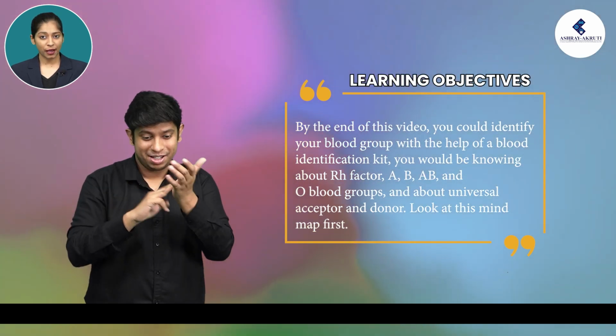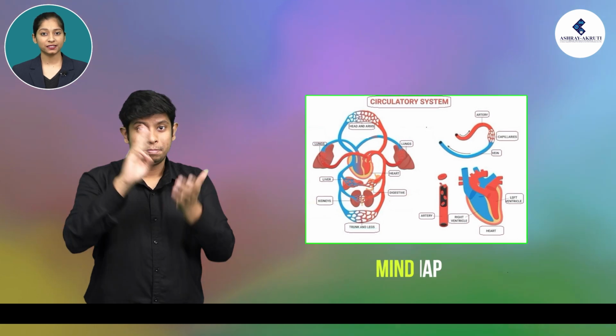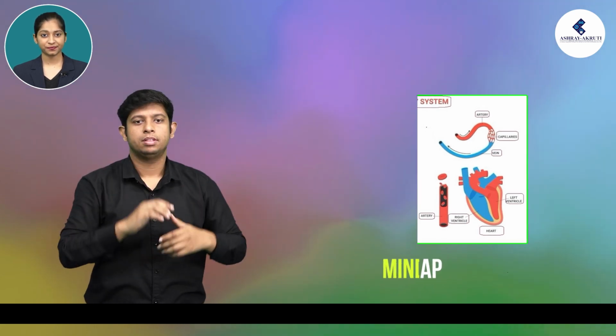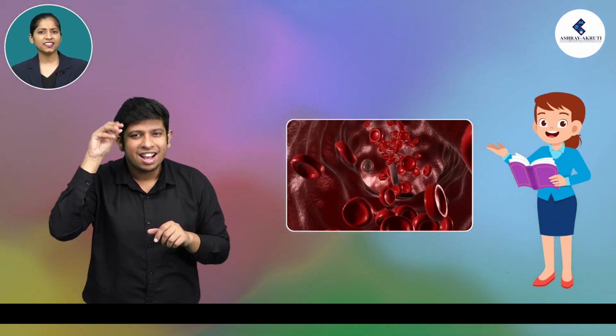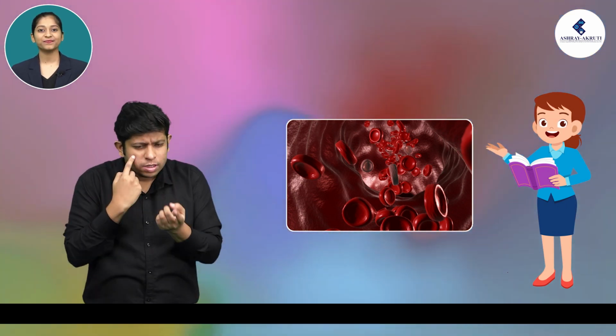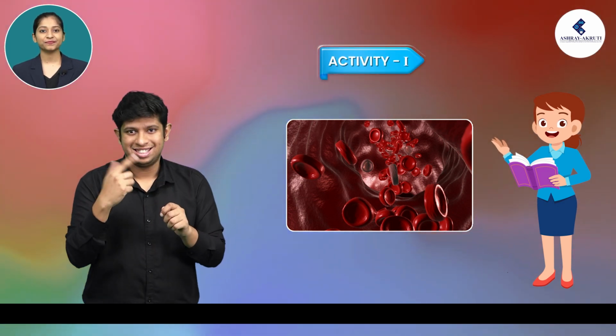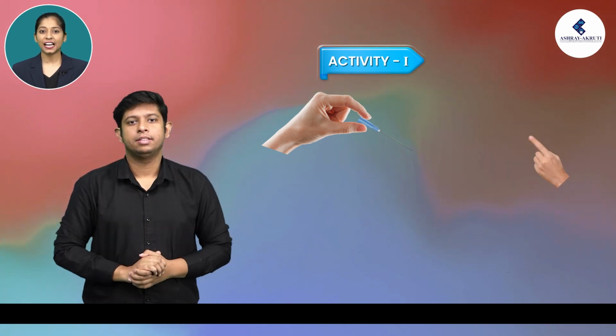Look at this mind map first. Now, let's learn how to check our blood tissue through the following activity. Activity 1. Take a sterilized syringe needle. Collect 1 drop of blood from the fingertip by pricking with the syringe needle.